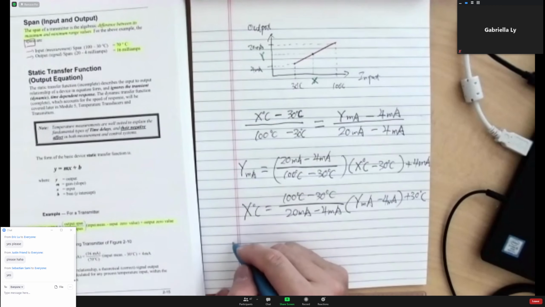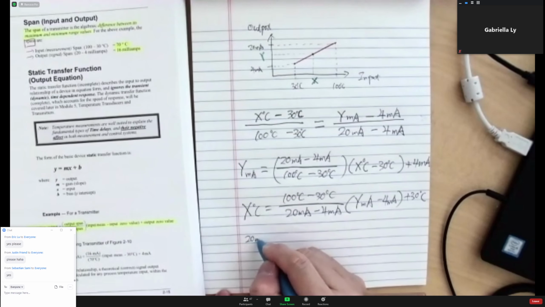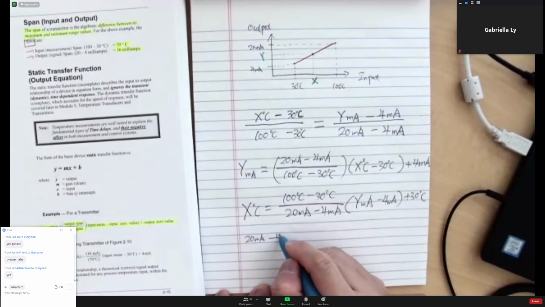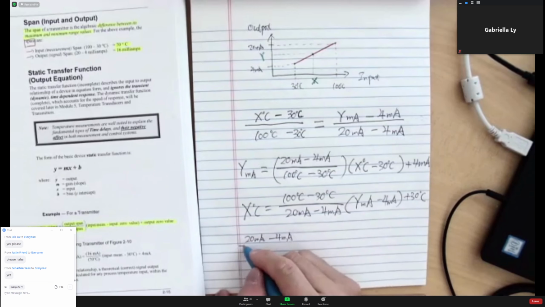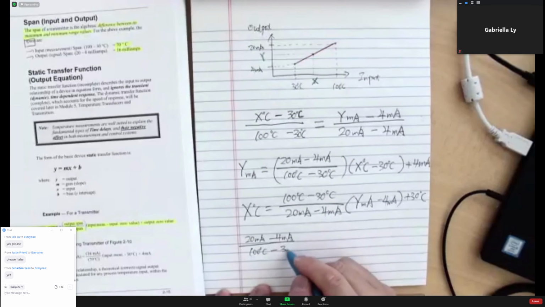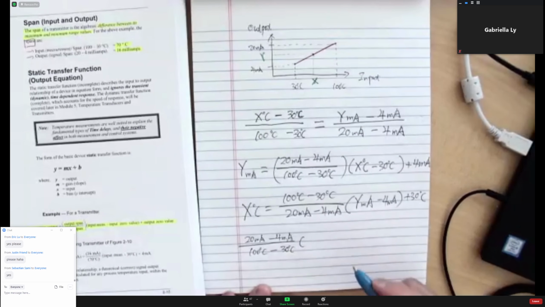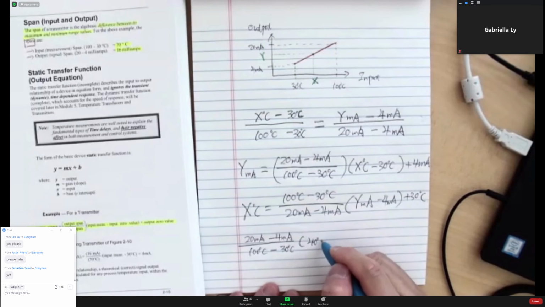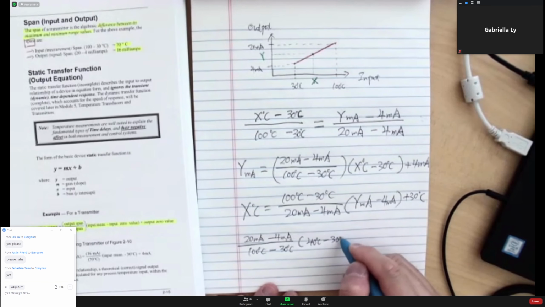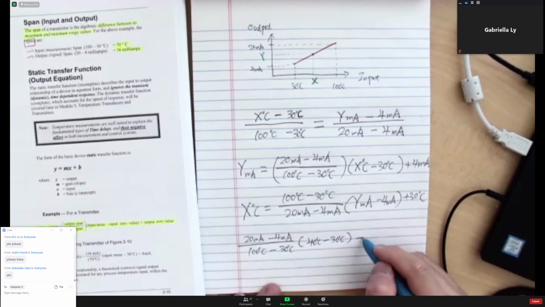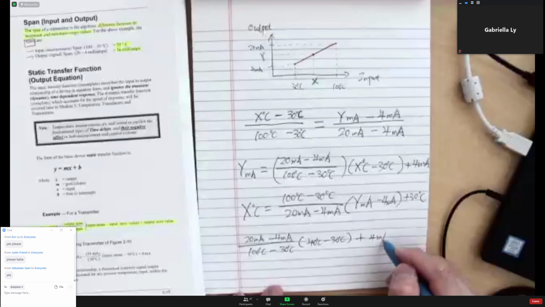So this is the one we try to find out. We have 20 milliamps subtract 4 milliamps over 100 degrees subtract 30 degrees. We know the temperature is 40 degrees, subtract 30 degrees, plus 4 milliamps at the end.